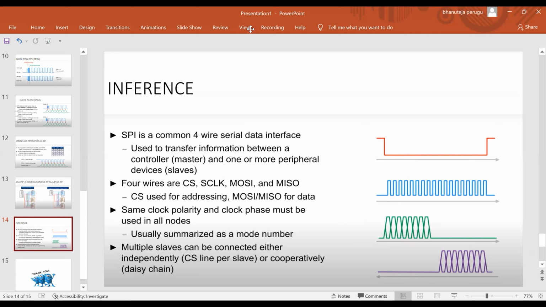Who are the four participants? Mohan? Hello, Mohan. Yes, sir. Do you have any question? No, sir. You are free to ask anything.